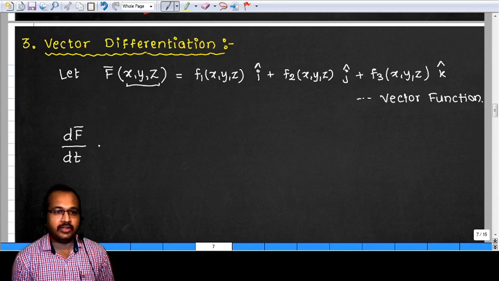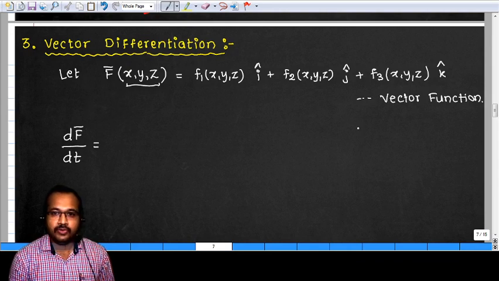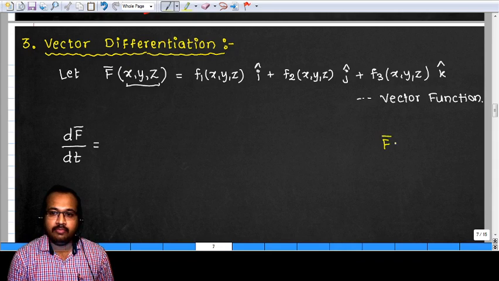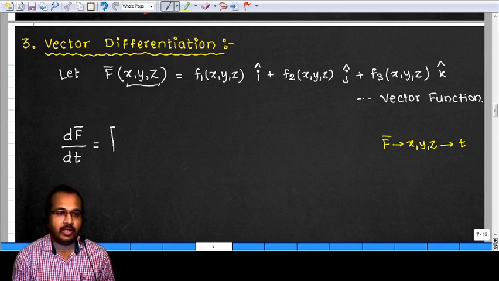To define the derivative of a vector function with respect to scalar variable t, we apply a simple chain rule. We can generalize this: f bar is a function of variables x, y, z, whereas x, y, z are functions of t. Then we can apply the chain rule here.